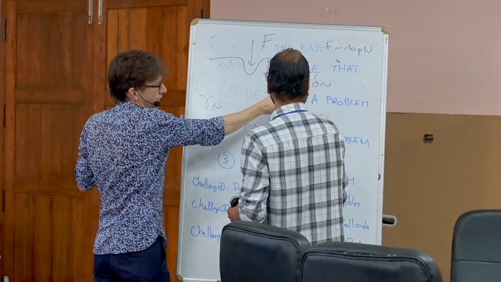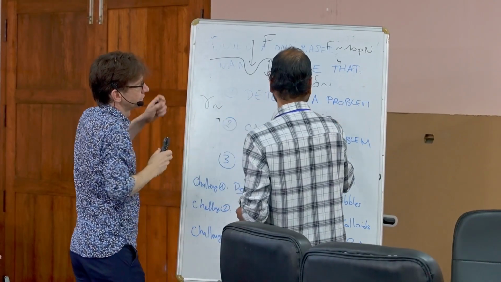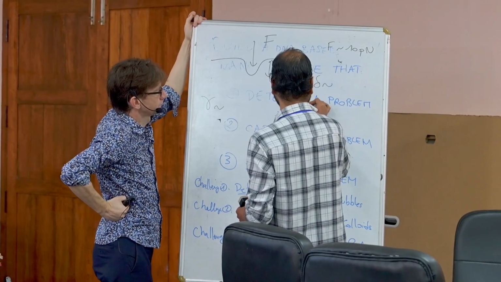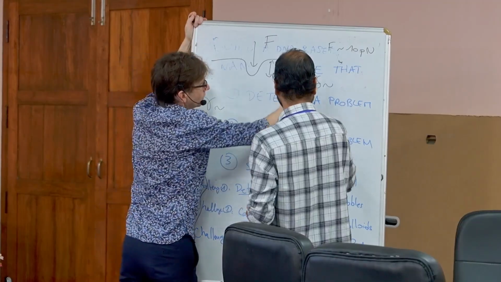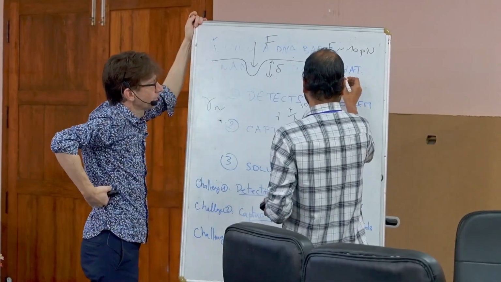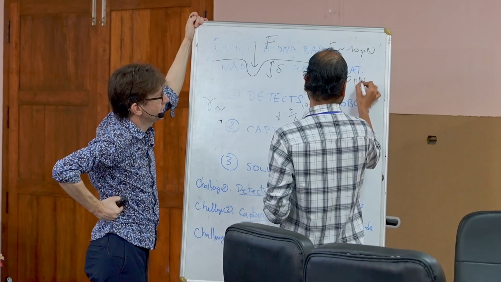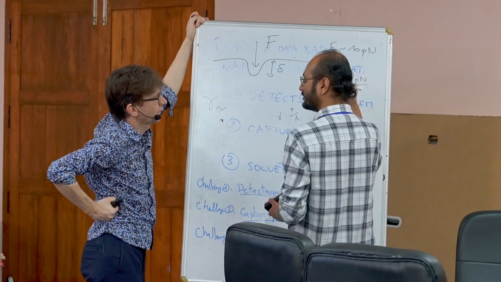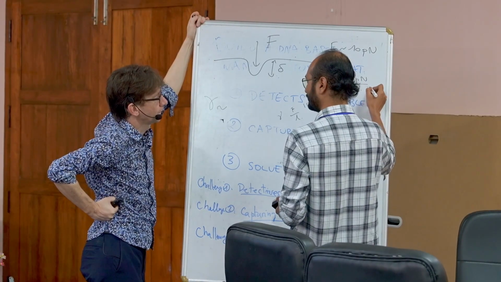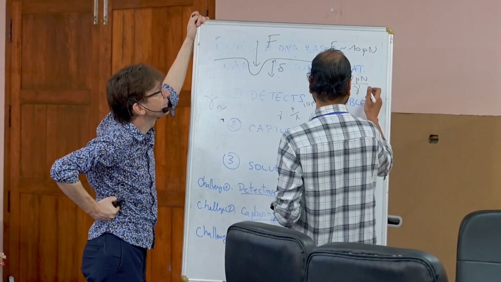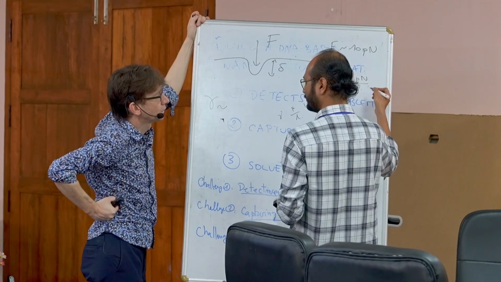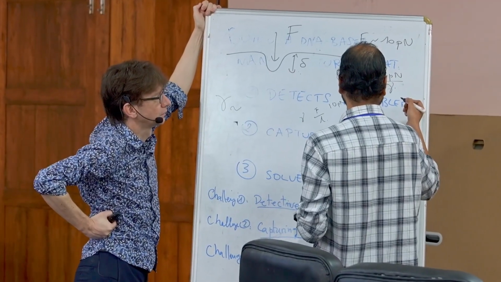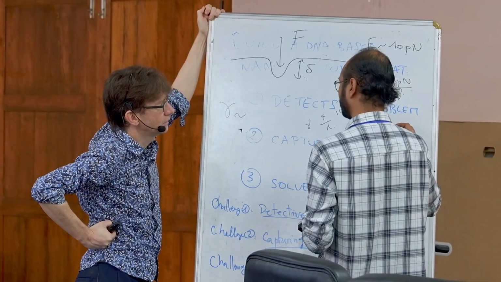Okay, so the deformation will typically be the force divided by the surface tension. On the liquid, we have this value. Water is like what? It's 70 millinewton per meter.